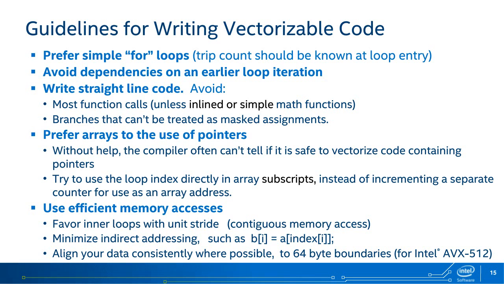Branches that can't be treated as math assignments may prevent vectorization as well. One more interesting thing here is that it is better to prefer arrays to the use of pointers. Note that these are not necessarily absolute requirements, but usually they make auto-vectorization much more likely or efficient.